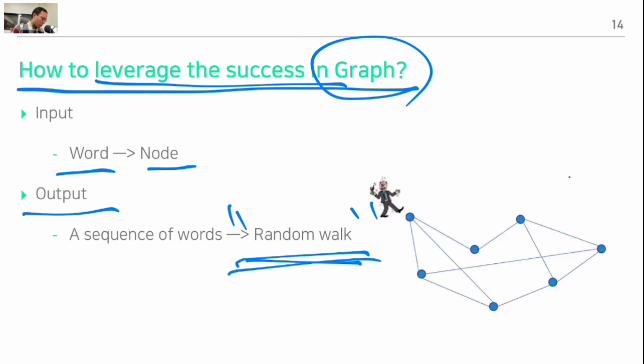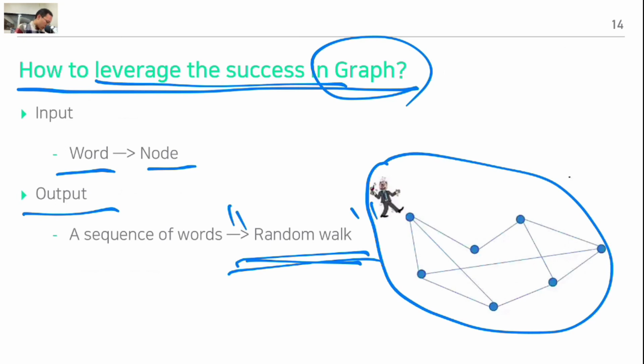For people who are not familiar with the random walk, I prepared this example. So this is a drunken guy sitting here, and he has 3 possible ways to walk. So 3 possible choices, and just randomly, uniformly choose some of them.